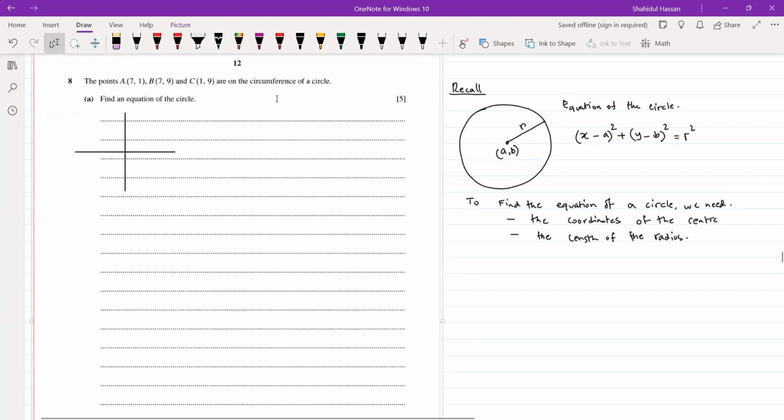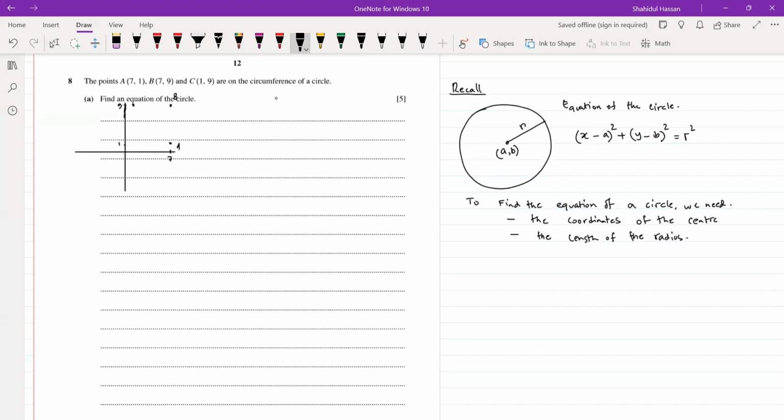Here we have 7 1. We have 1 point here, 7 1. Then we have 7 9. This is point A. This is point B. And then we have point C, which is 1 comma 9.